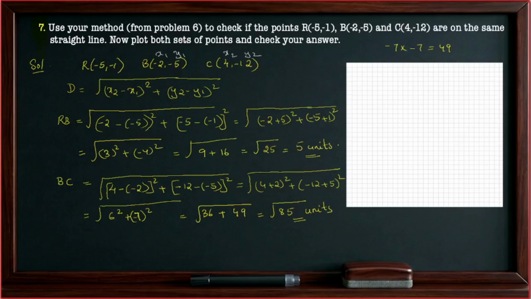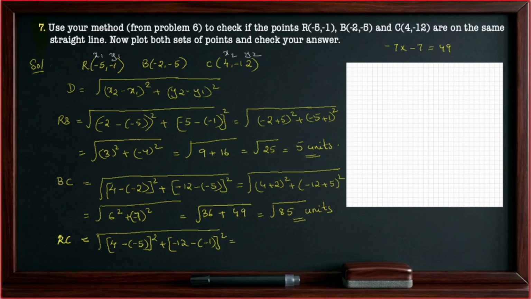Next we have to find RC. RC is equal to, R is x1, y1, and C is x2, y2. Substituting the values in the distance formula, we get x2, which is 4, minus -5, the whole square, plus y2, which is -12, minus y1, which is -1, the whole square.